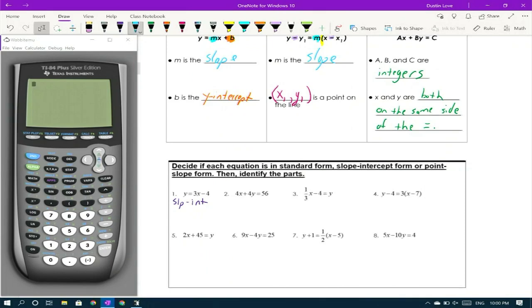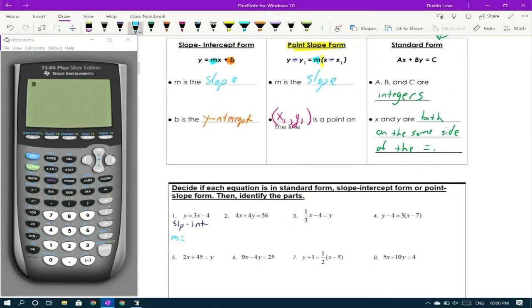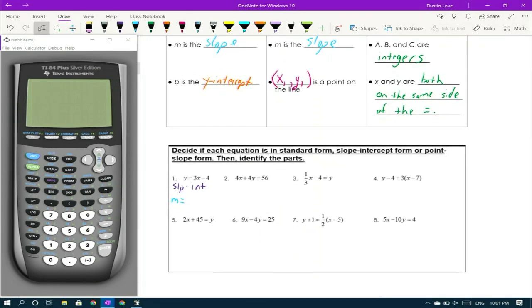Okay, so now we're going to identify the different parts. M equals. Now remember, we saw above, m is the number in front of x, not the x itself. So that means that my slope is going to be 3. And just like your last unit, we're always going to write it as a fraction, so it's 3/1.